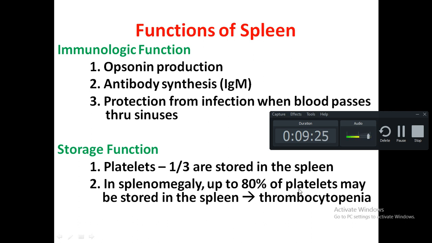So that condition may result in what is called thrombocytopenia. That means there is a decreased number of platelets in the blood. Whenever the platelet count decreases below 150,000 per cubic millimeter, that condition is called thrombocytopenia. So splenomegaly will produce this thrombocytopenia.